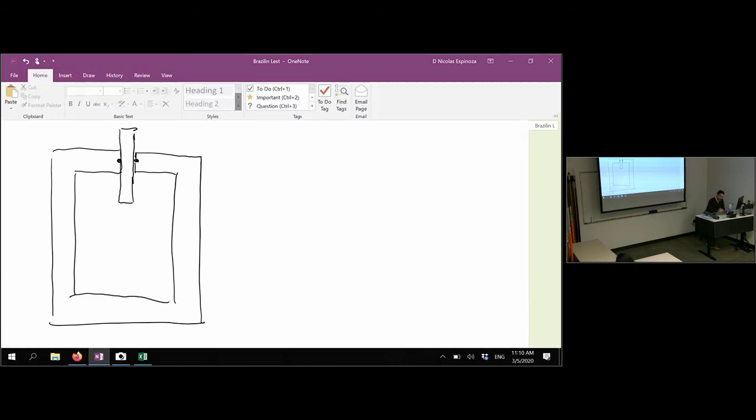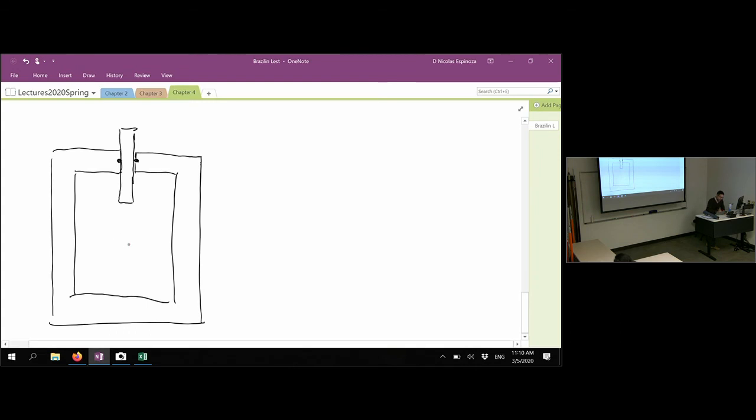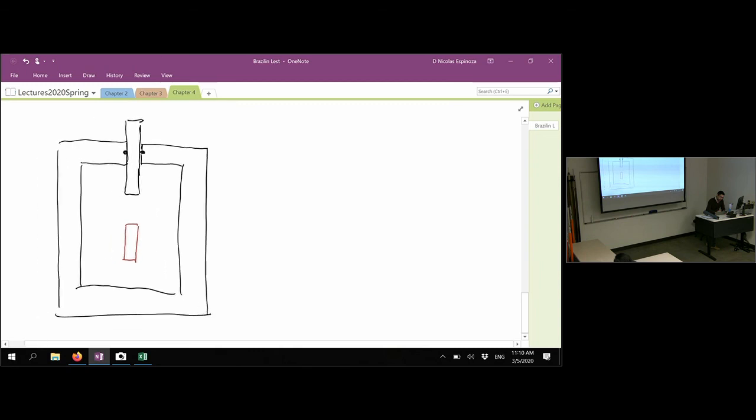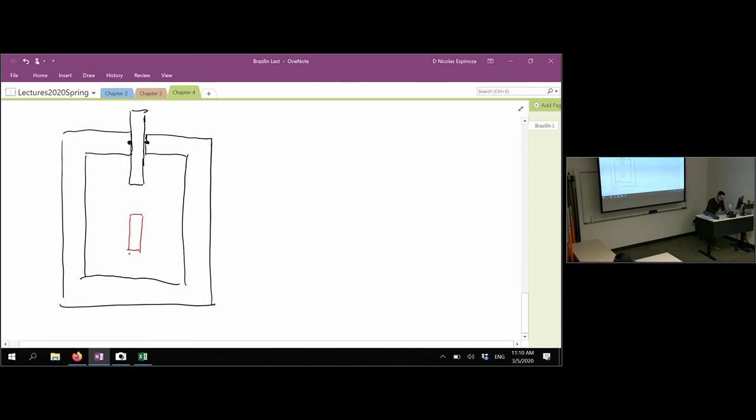The rock is somewhere over here, and we have a bottom end cap and a top end cap, but now this top end cap I'm going to put something else here, but it's just the same. It's in contact with the rock, and then all of this is isolated with a membrane.